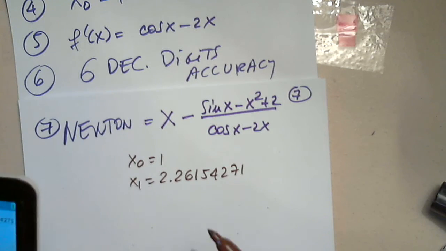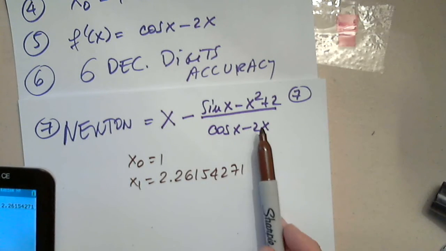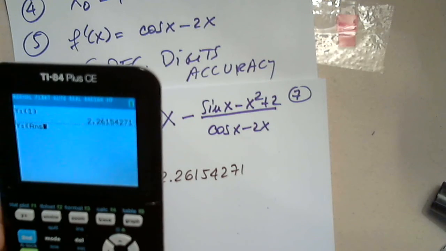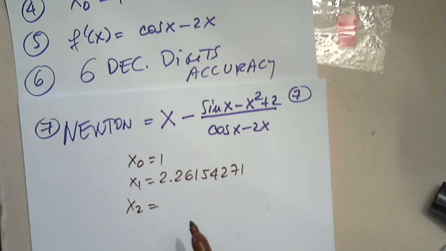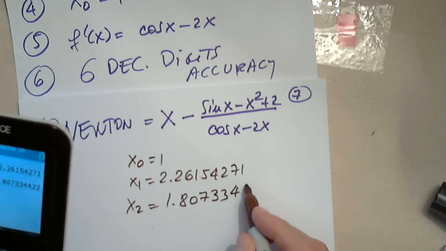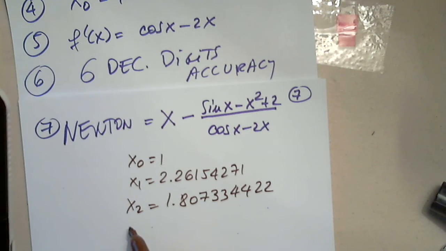Because now I want the calculator to plug in this x1 everywhere and give me x2. I'm hoping now that x2 is between 1 and 2. And it gets closer. So x2 is 1.807334422.